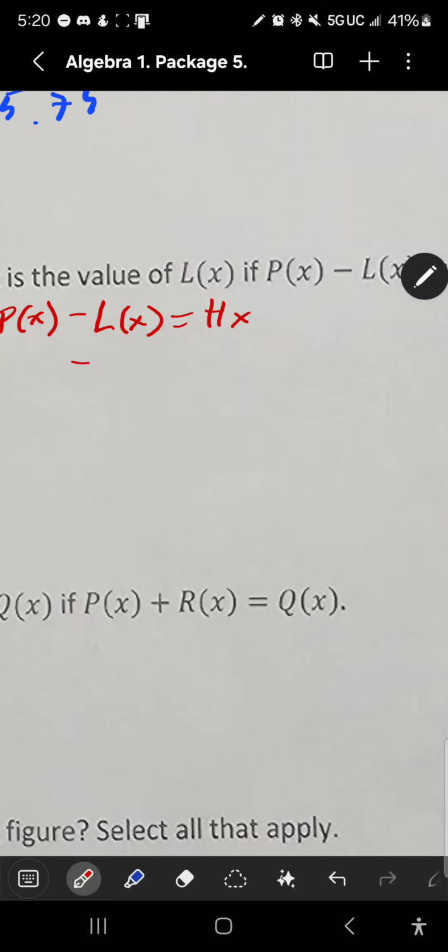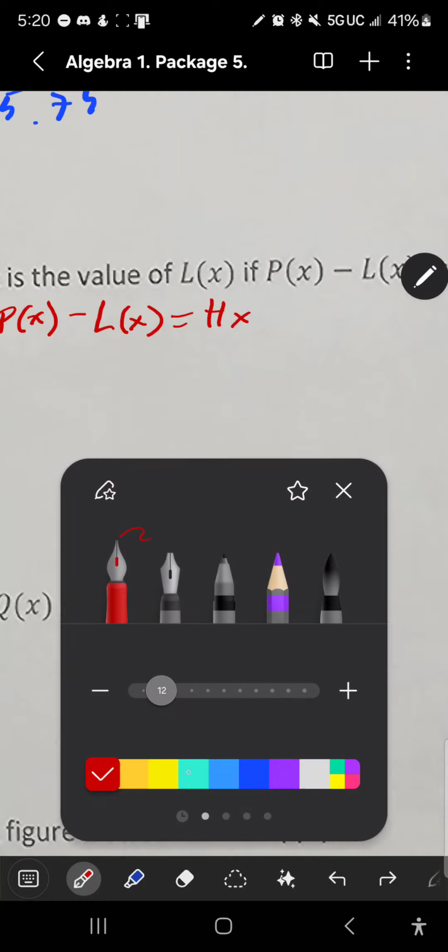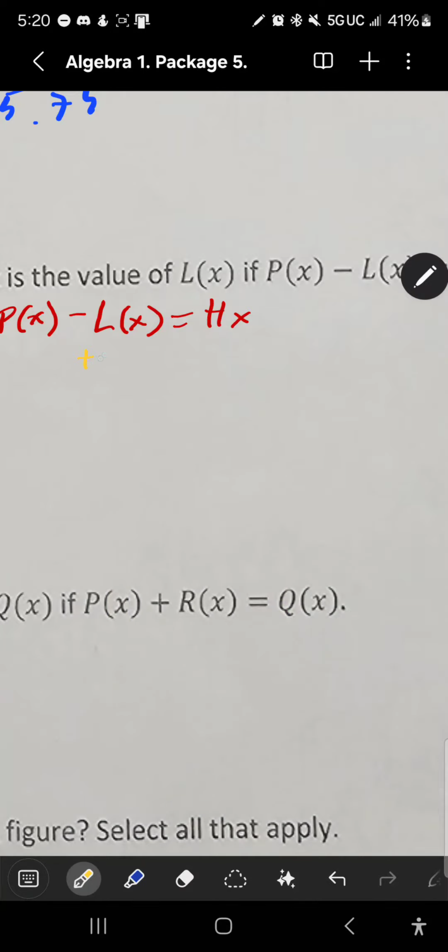So what happens if I add l(x) to both sides and I subtract h(x)?